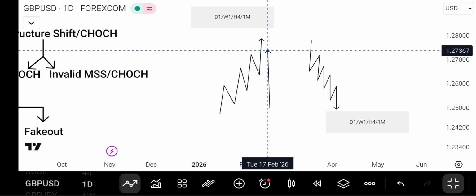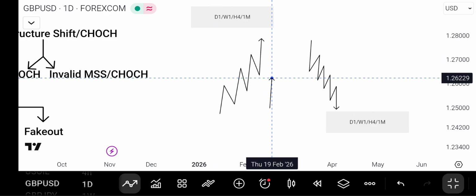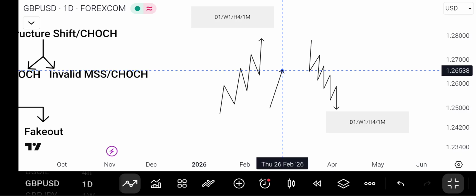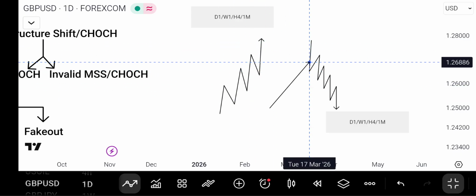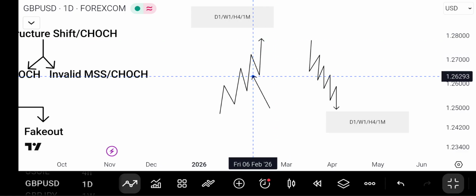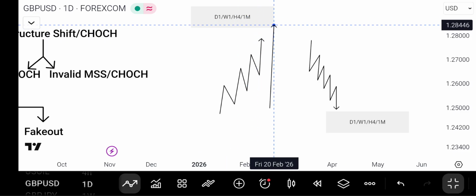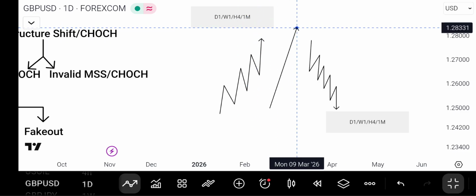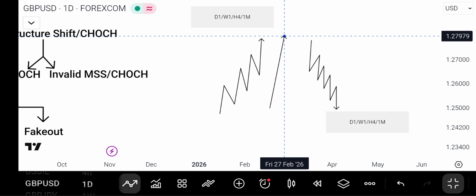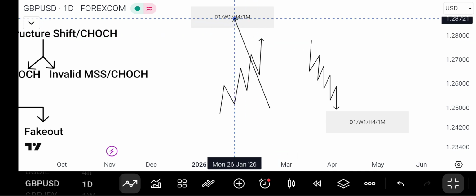So whenever the 30 minutes, 1 hour, or 15 minutes charts are moving, trending up or down, you don't just expect it to shift structure without meeting any of these bias order blocks or breaker blocks. That is what I also call a supply or demand zone. Other people call it a higher time frame supply or demand zone, but I call it my bias order block or breaker block. That should be the bias point of interest.